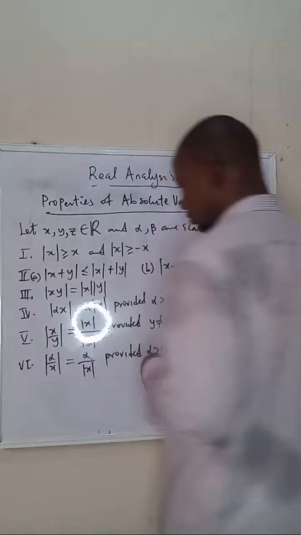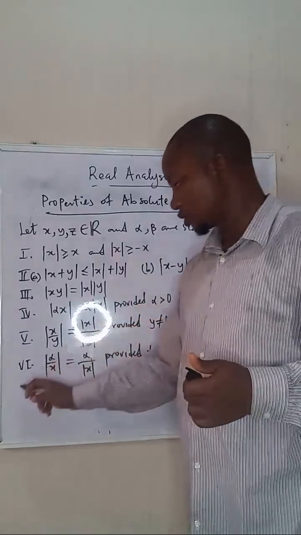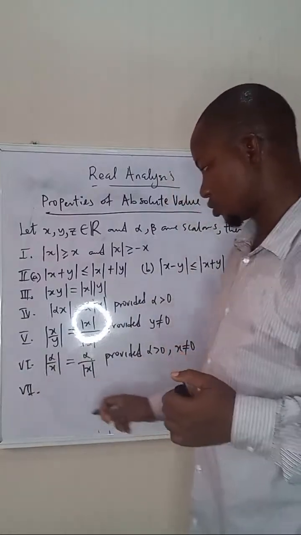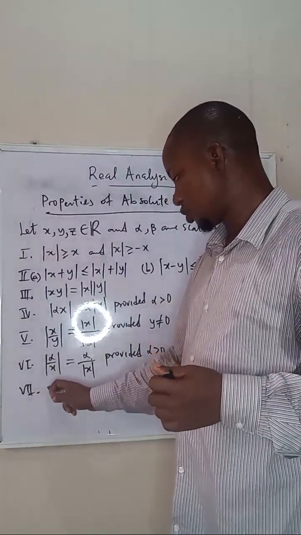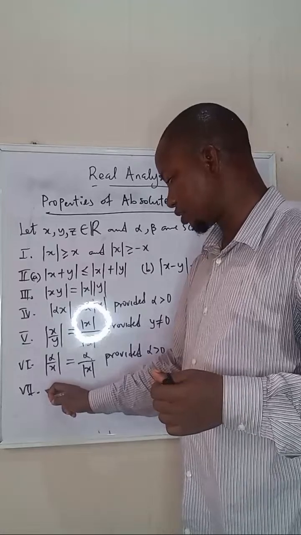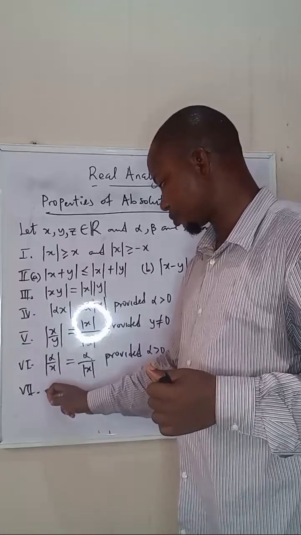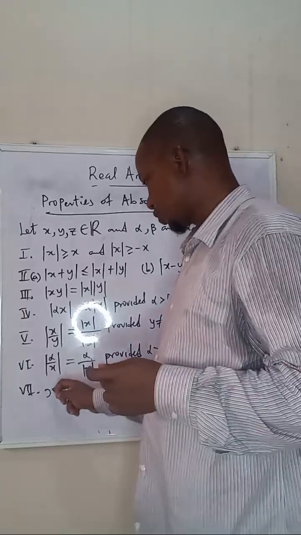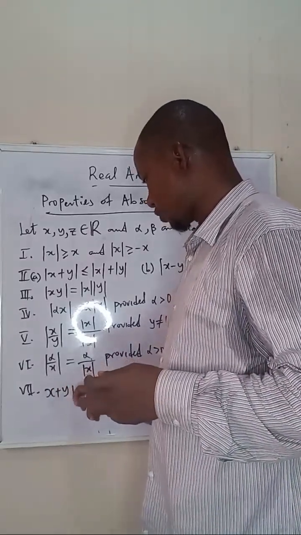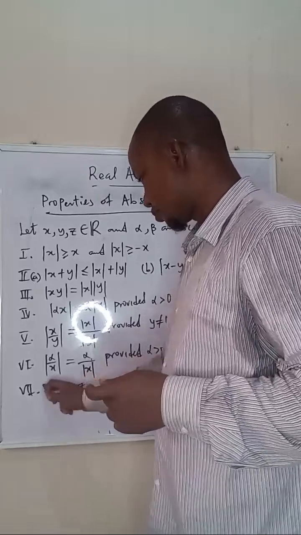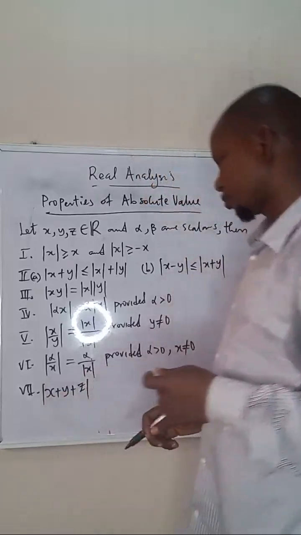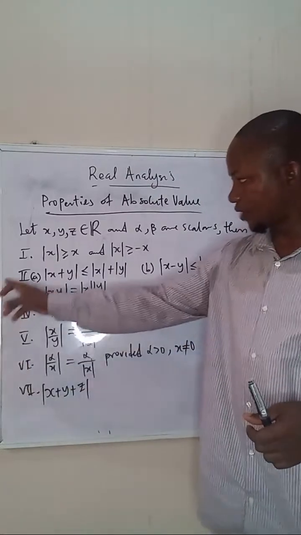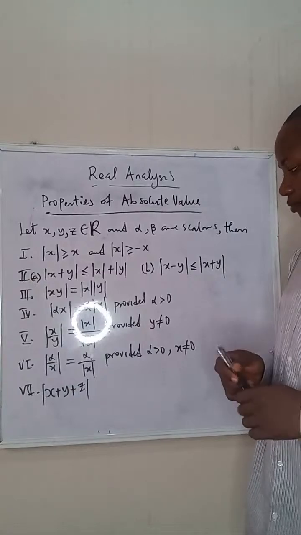So again, 7, if you have the absolute value of the absolute value of x plus y plus z, this will be coming from the virtue of 2 here.